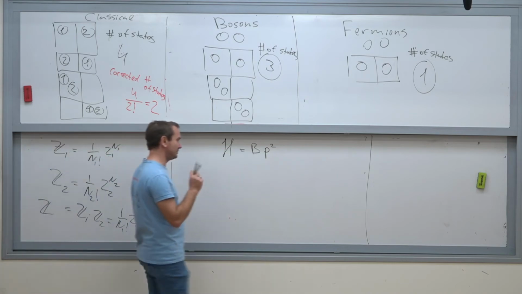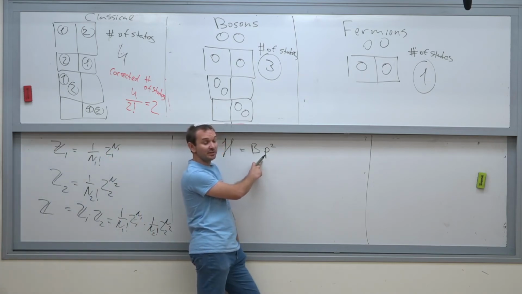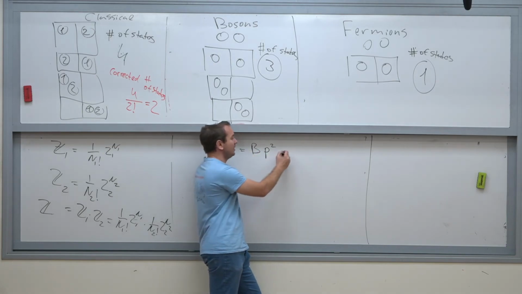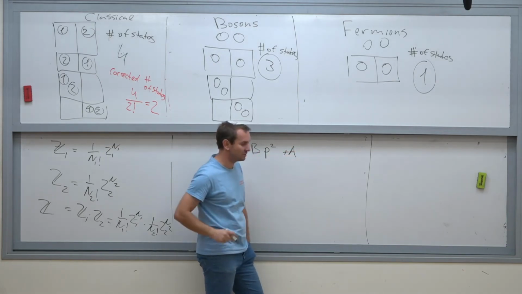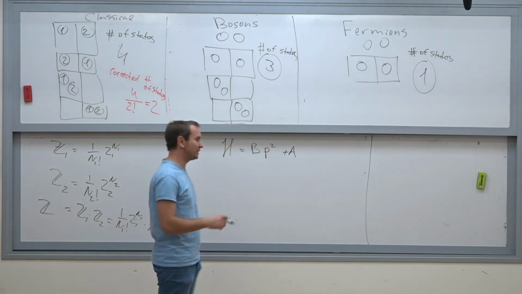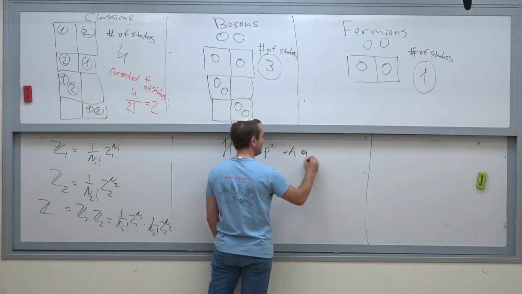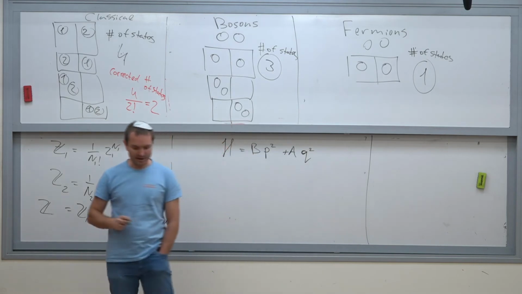This particle has in its energy a quadratic term that is coming from the kinetic part, and as physicists always like to do, we have also a quadratic term that's coming from its potential part, a q squared.